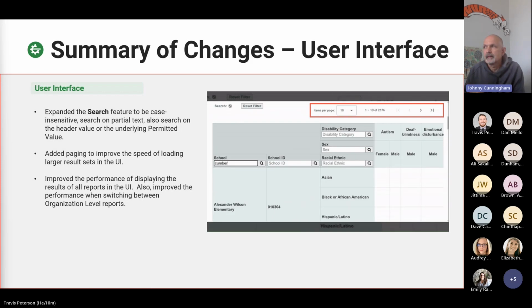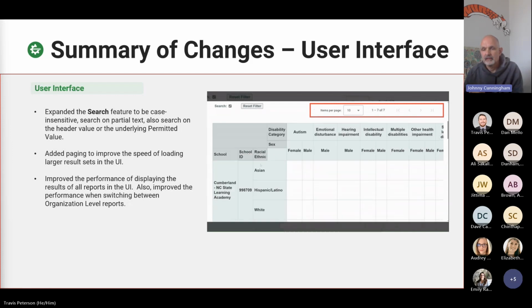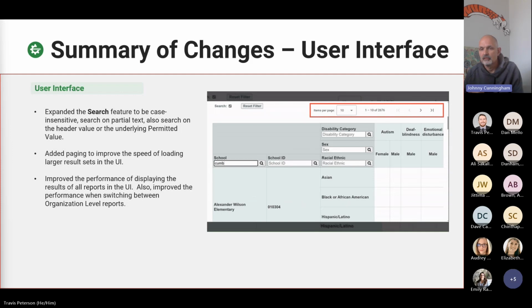So we added paging, which now displays it in chunks. You can work your way through, and you can use the search filter if you need to get to a specific set of records. It makes the loading and the transition between pages much faster, and the UI much easier to use for validations or whatever you need.